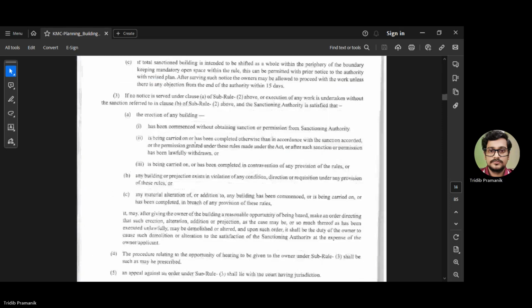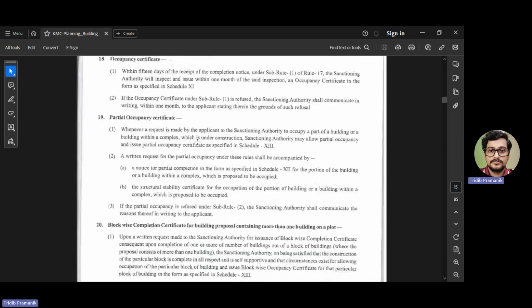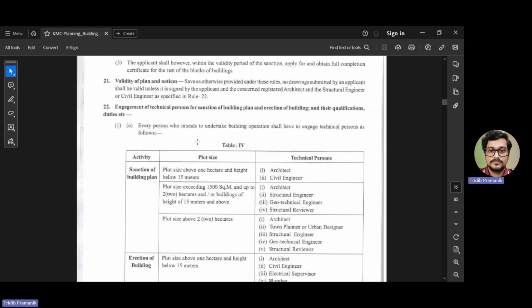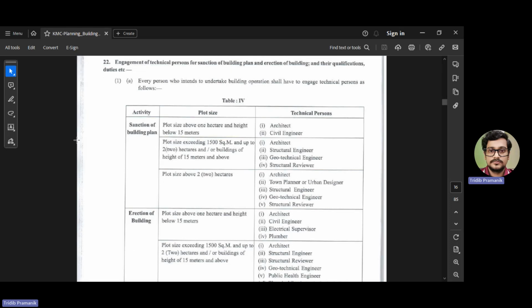Now we will move to the next portion, which is very important: the signature authority. For sanctioning, obviously there are engineers in the different municipalities or administrations. Now privately, for sanctioning any building, who should sign on your sets?